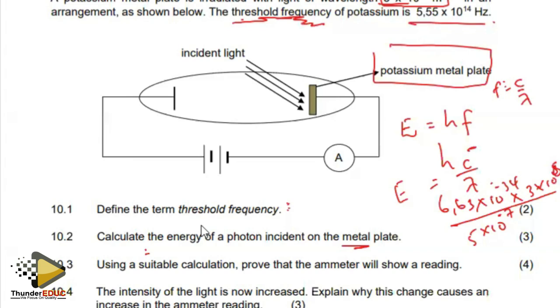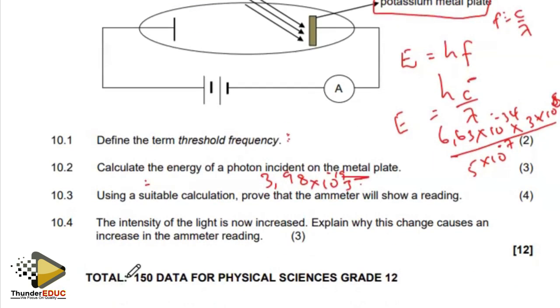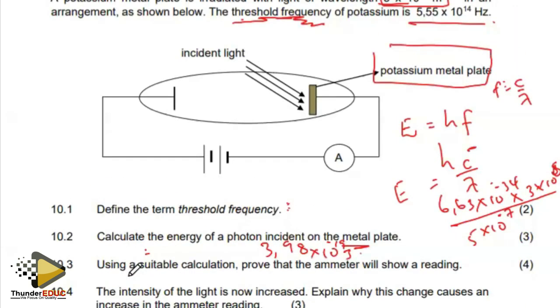I'm dividing it by 5 times 10 to the negative 7. This gives me 3,98 times 10 to the negative 19. Since it's energy, to be measured in joules. All right, 10.3, use a suitable calculation to prove that the ammeter will show some bit of reading.